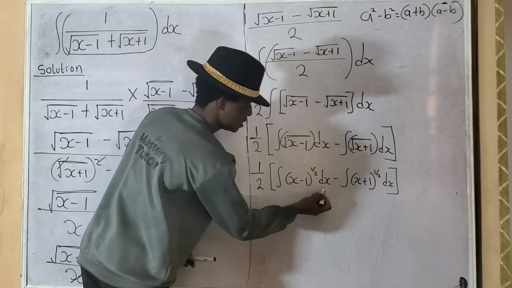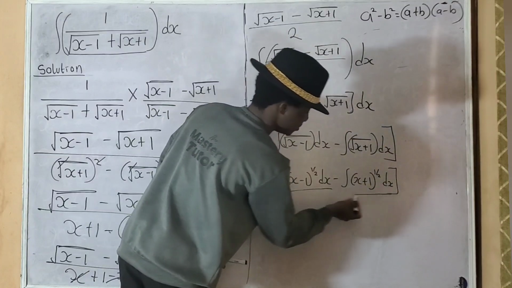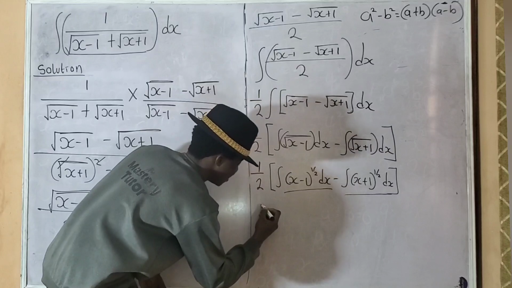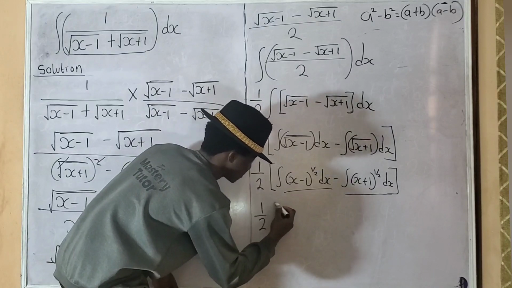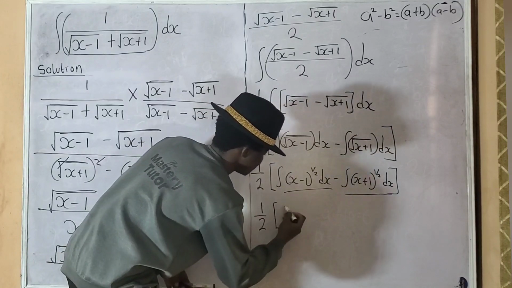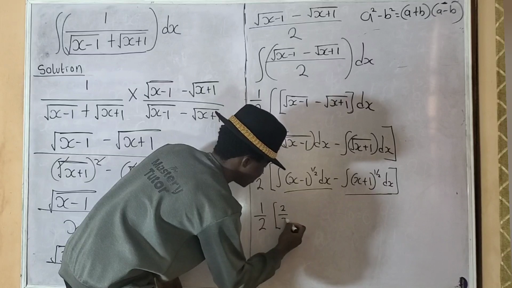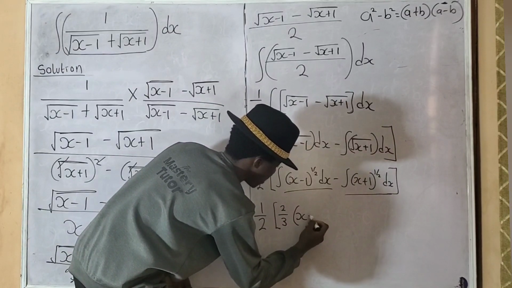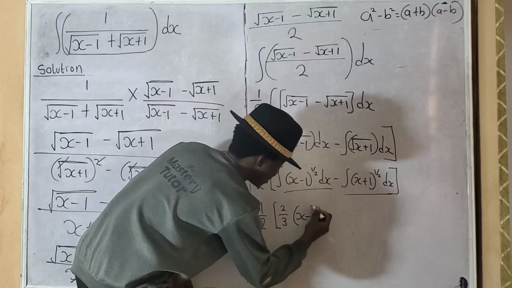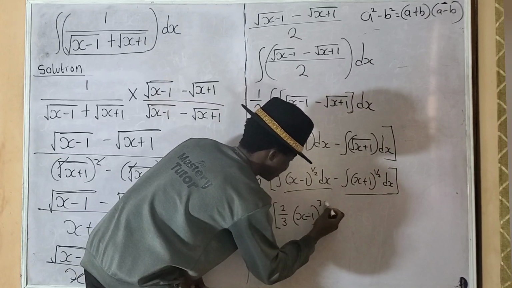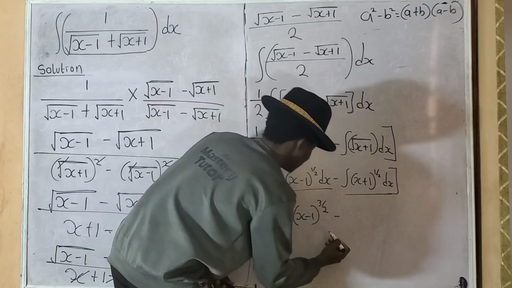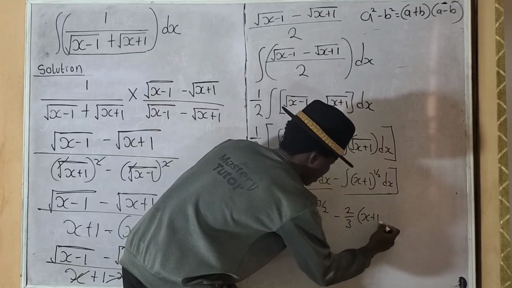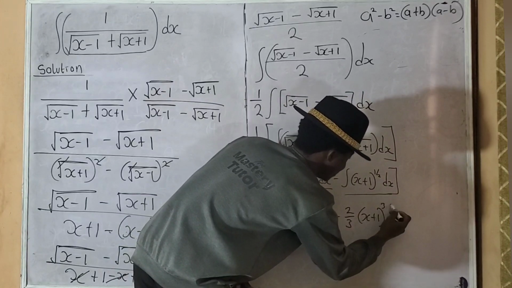So now, if you integrate this and this using the substitution method of integration, the integral becomes 1 over 2 multiplied by 2 over 3 multiplied by x minus 1 raised to the power of 3 over 2, minus 2 over 3 x plus 1 raised to the power of 3 over 2.